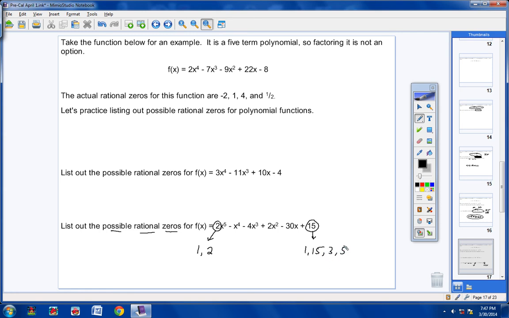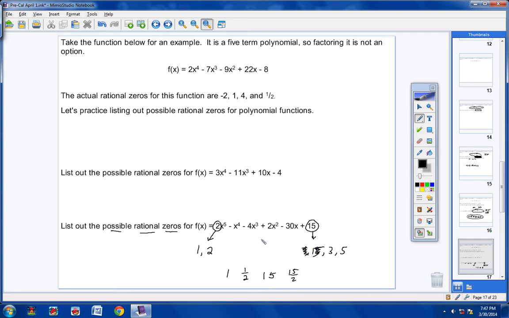And now that we've done that, we simply take each one of these numbers here, one at a time, and put them on top of all the numbers over here. So here we go. 1 over 1 is 1, and then 1 over 2 is 1/2. Now 15. 15 over 1 is 15, and 15 over 2 is 15/2.